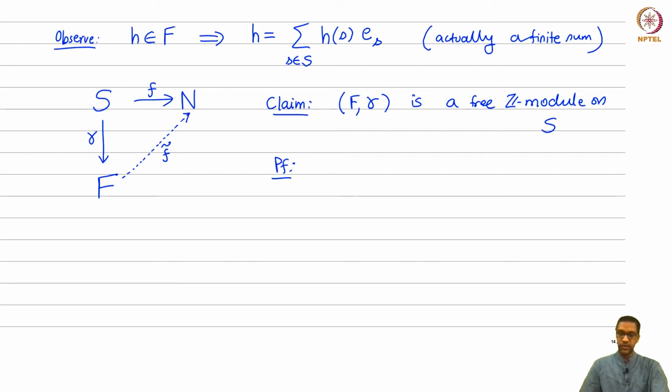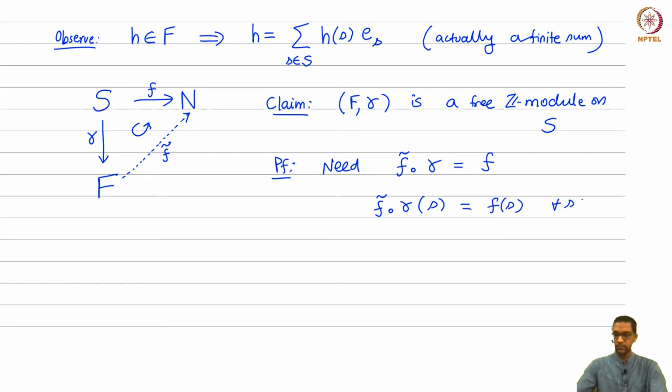So what is the given condition? I mean, what is the commuting of this diagram? Sometimes we put this arrow to say that the diagram commutes. So what do we need? We need the following property, that f tilde composed with gamma should be f. In other words, let's evaluate both sides on s, for all elements s of S. And what is this?